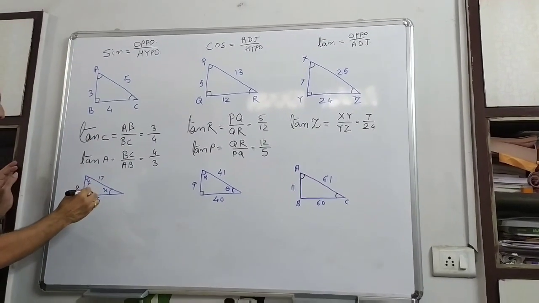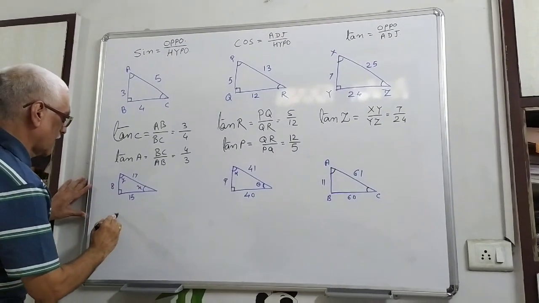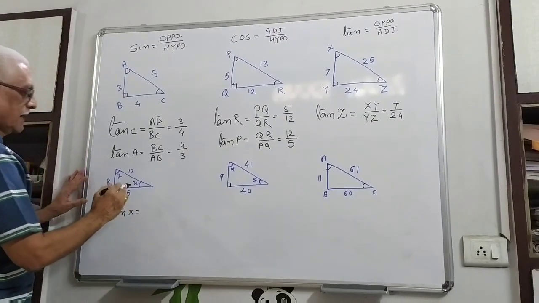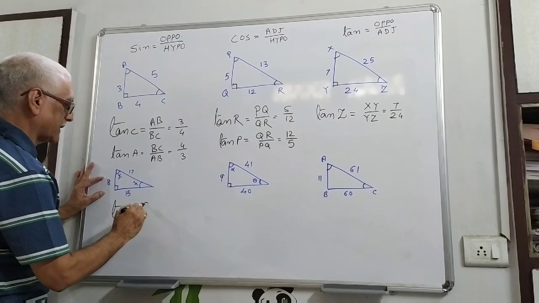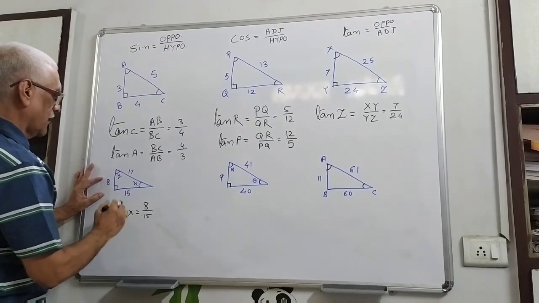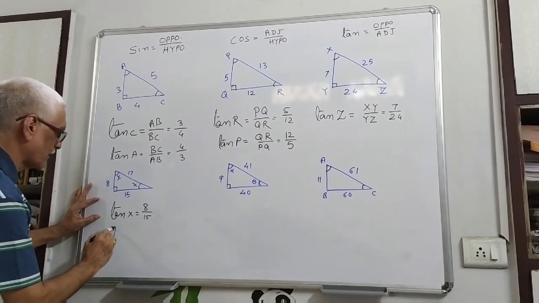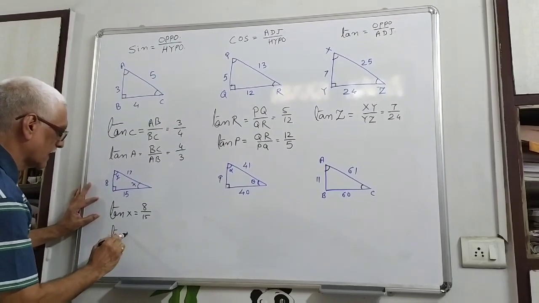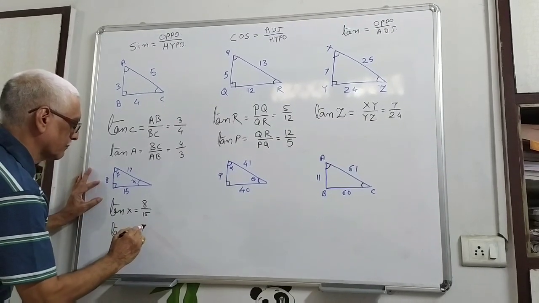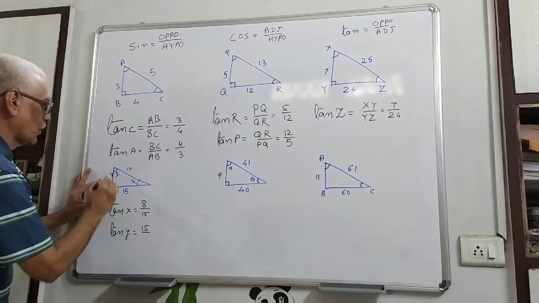In this triangle, we can consider tan X. So tan X is equal to the length of the opposite side, that is 8, upon the length of the adjacent side, which is 15. In this figure, tan Y, if we want, the length of the opposite side, opposite to Y, is 15 and adjacent to Y is 8.